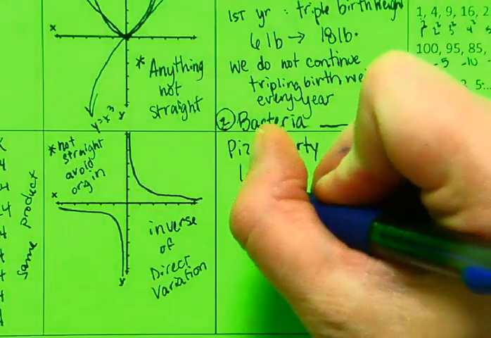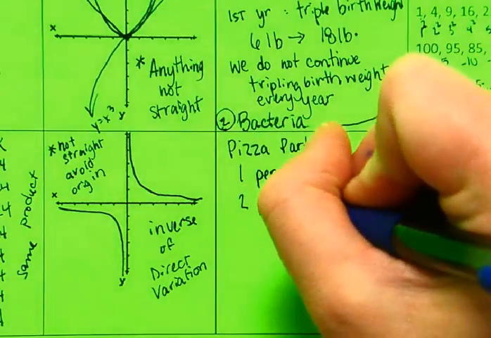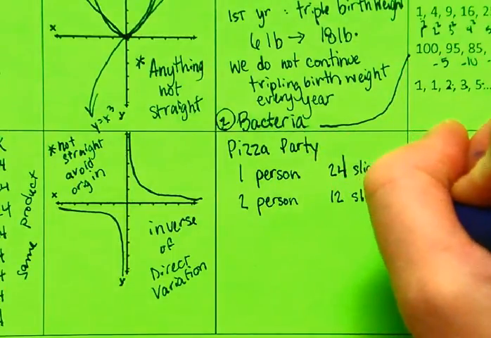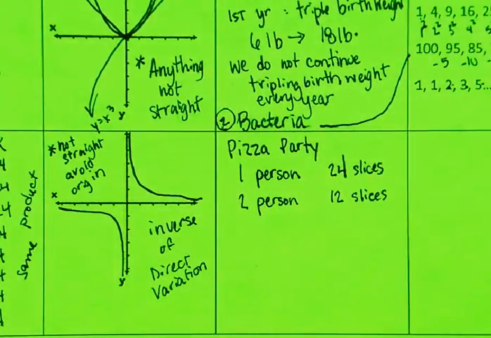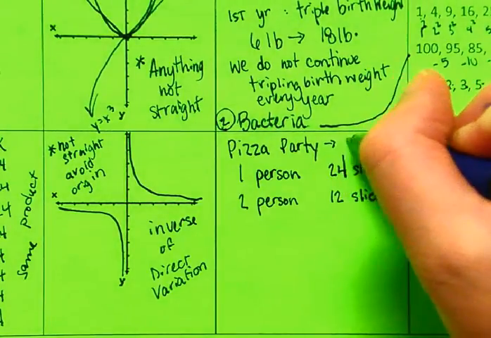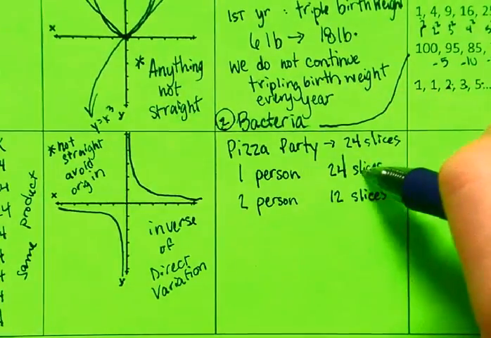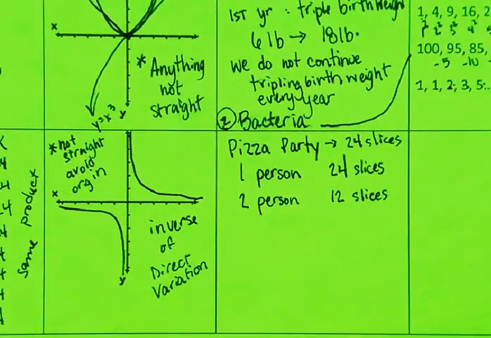But if another person shows up, he's going to share that pizza, and each of them are going to get 12 slices. There are 24 slices total. Can't eat more than what you have, okay? So one person gets 24 slices, two people get 12 slices each.